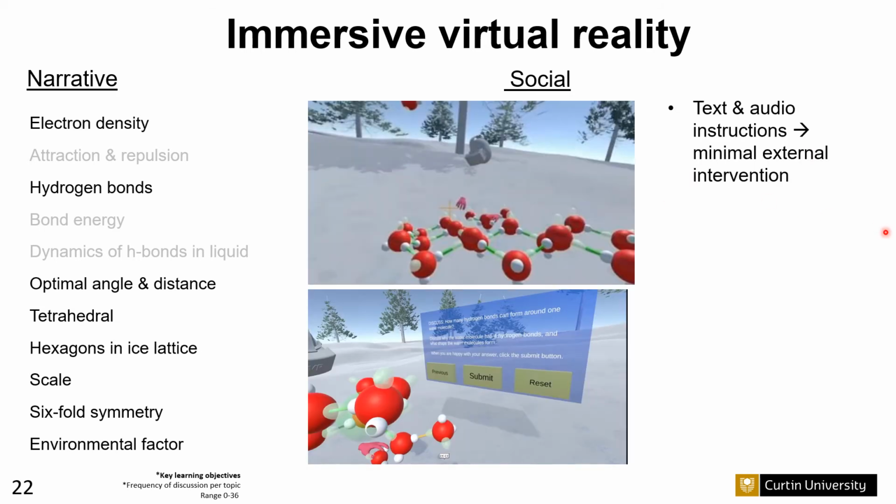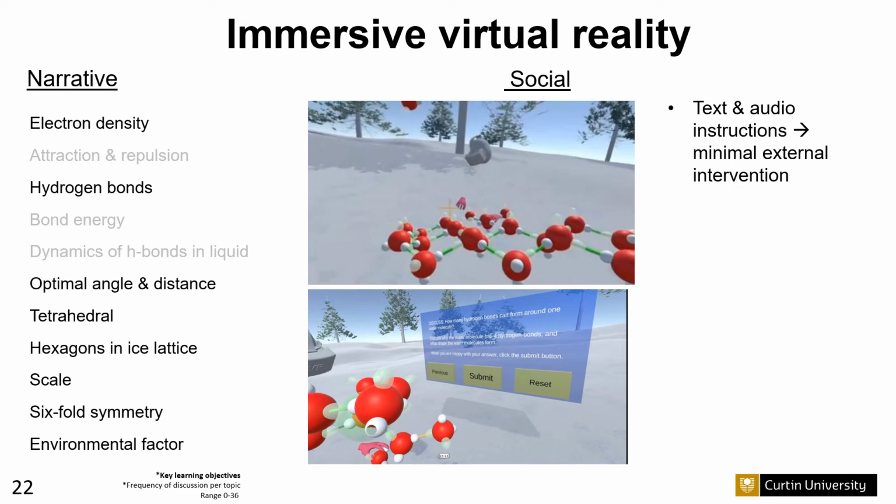So here I show you a screenshot of what one student sees. She can see the other student's head here, represented by a grayish floating head and pink hands.